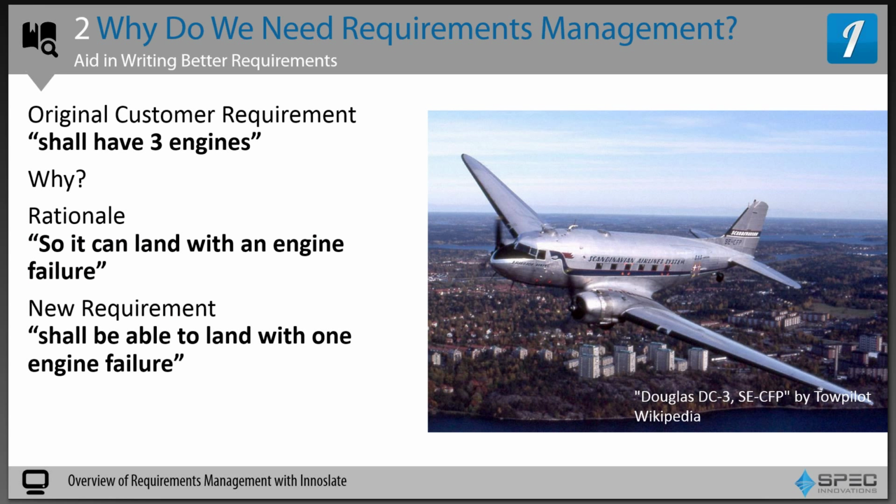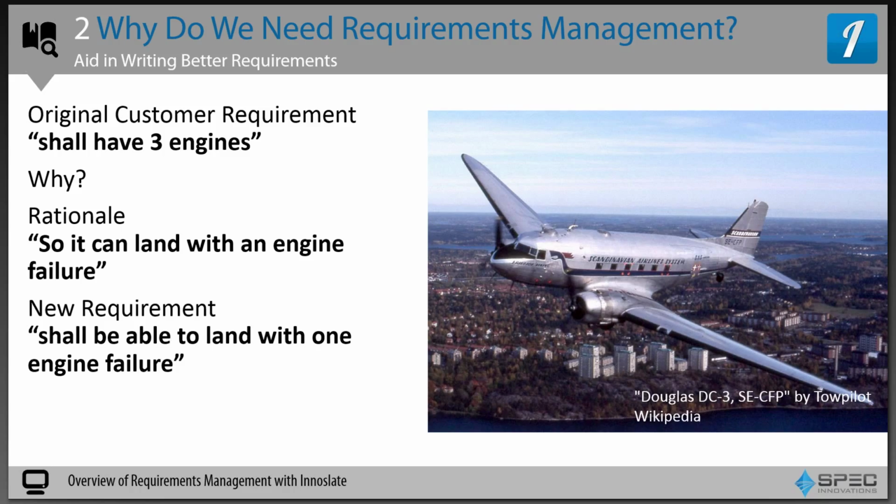So here's a good example of how requirements management can aid in writing better requirements. The DC-3 by Douglas was a follow-on to the DC-2. And one of the original requirements was, it shall have 3 engines. They had some smart engineers at the time, and they asked the question, well, why? Why does it need to have 3 engines? Why, when the DC-2 does just fine with 2? The rationale provided back was so that it can land with an engine failure.